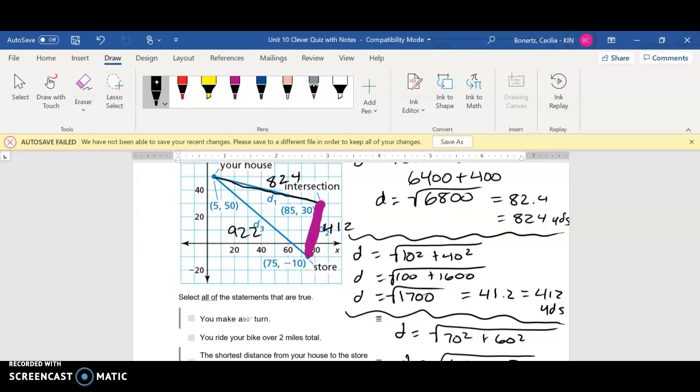So 824 squared is 678,976. And then 412 squared is 169,744.